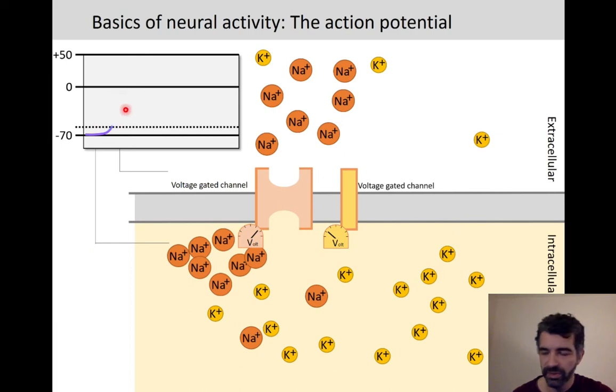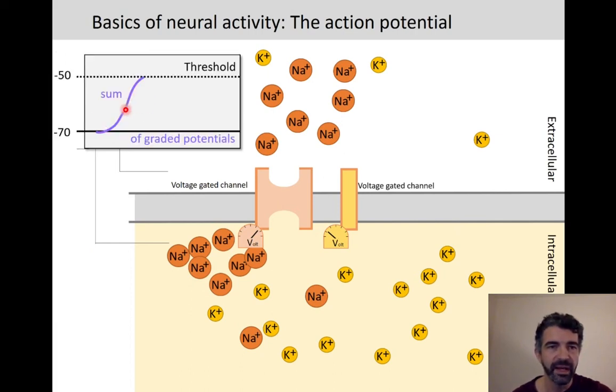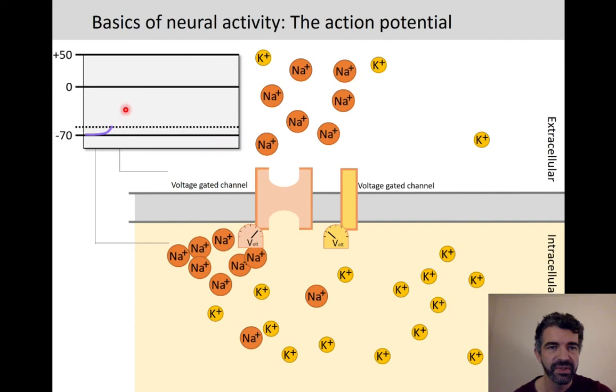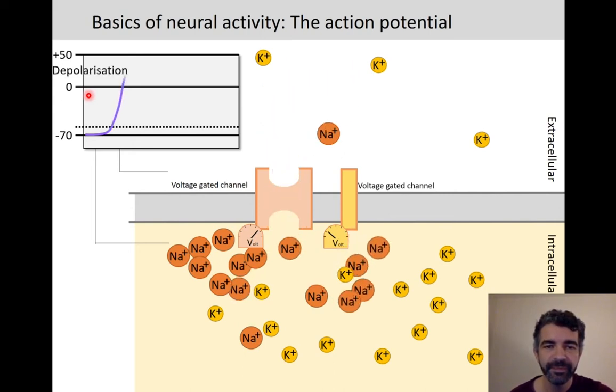Please note that we're kind of zooming out. So this is the same graph, but we're at a different scale, so you can see more. Okay, so what happens if the Na+ flows in?